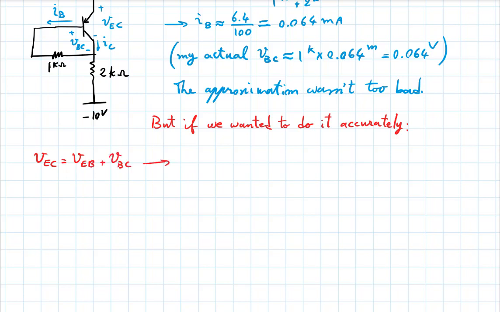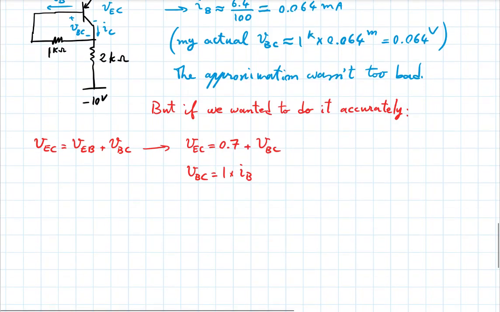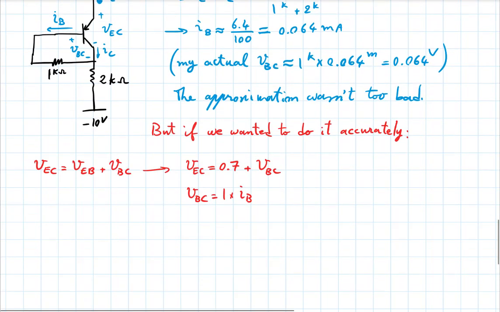That means VEC is approximately 0.7 volts plus VBC. VBC itself is 1K times IB. Again, I'll use milliamp for the current, so I don't need to carry the K.